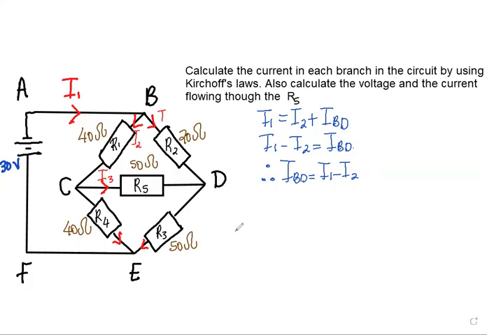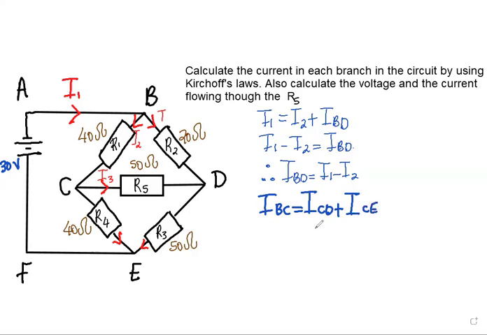Now we're going to calculate the current through CE. The current that is entering is the current at BC, which equals the current that is leaving, which is the current at CD plus the current at CE.